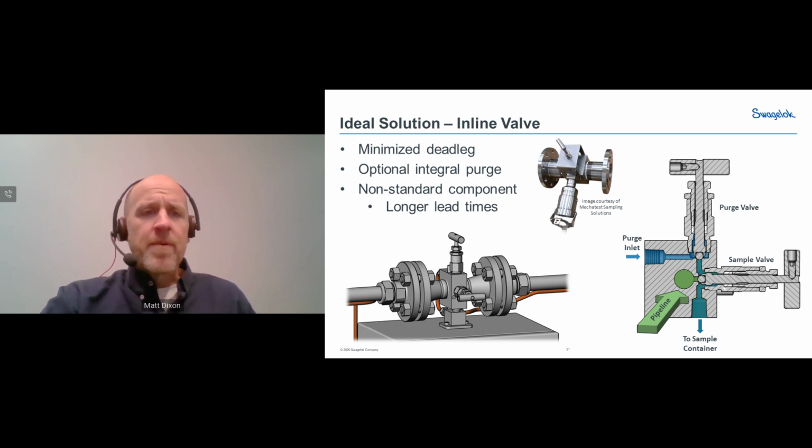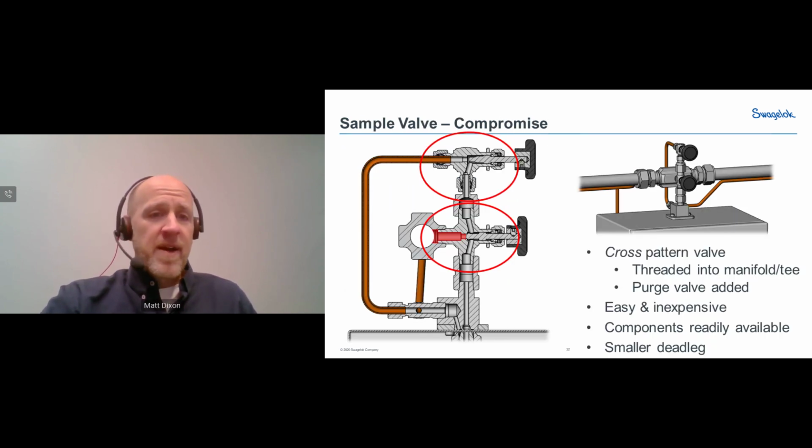So what would be a compromise solution? A compromise solution could be a combination of the two. So here we've actually utilized a cross pattern valve. Here you can see that circled there. With a cross pattern valve, you've actually got one inlet but two outlets. And what that does is we can actually use that second outlet to couple a purge valve to that.